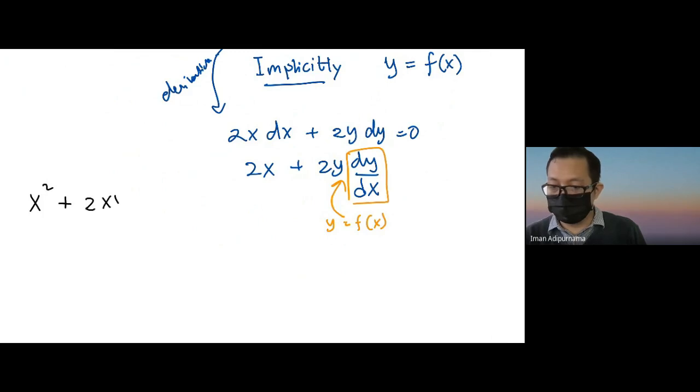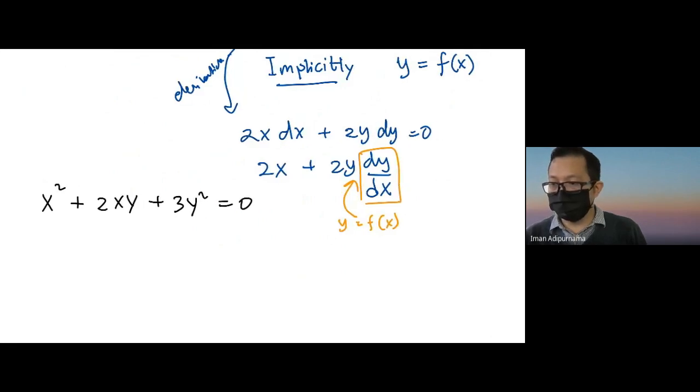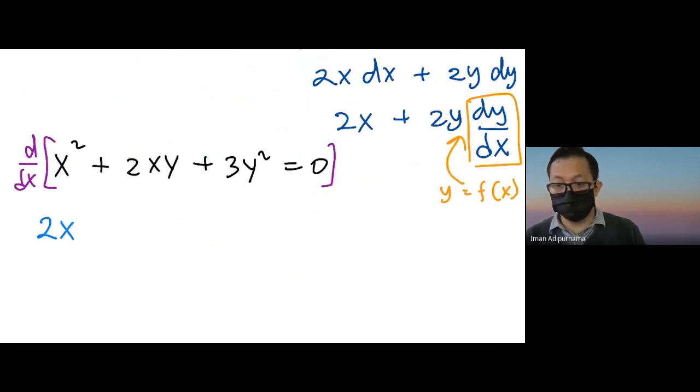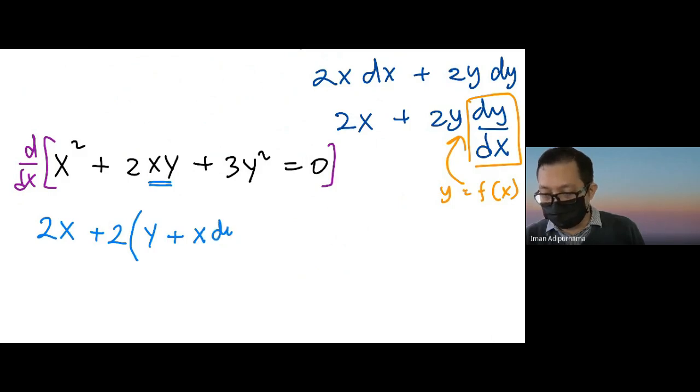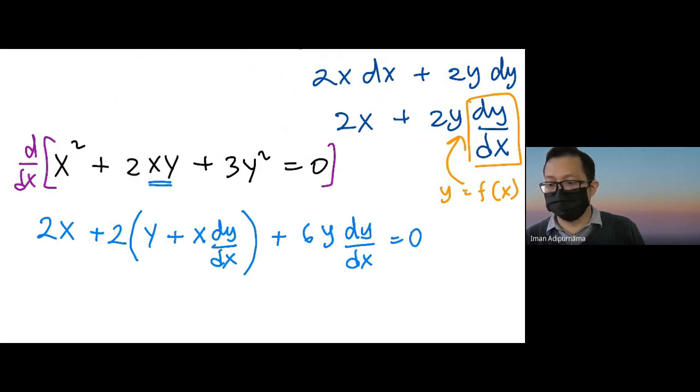So whenever you find x squared plus 2xy plus 3y squared equals 0, when you differentiate this with respect to x directly, you can do 2x, and then plus, now this has a product rule, so let me write the bracket for the product rule: x, y, so y plus x dy/dx, and then plus 6y dy/dx equals 0.